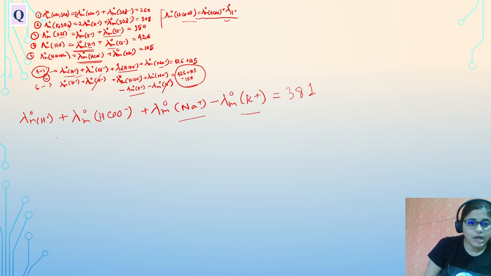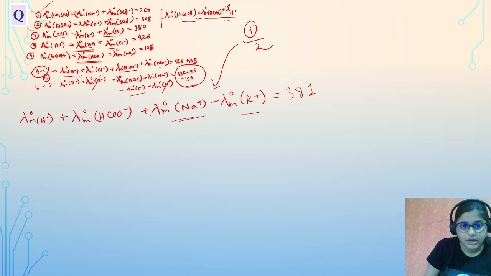So now what will happen? The first equation has Na plus and the second equation has K plus, but multiplied by 2. So we need only delta M0 of Na plus. Here 2 delta M0 of Na plus is there. So we have to divide by 2, let's say 1 divided by 2. Okay, we have to subtract this, as Na plus we have plus here, so we have to negatively sum it.